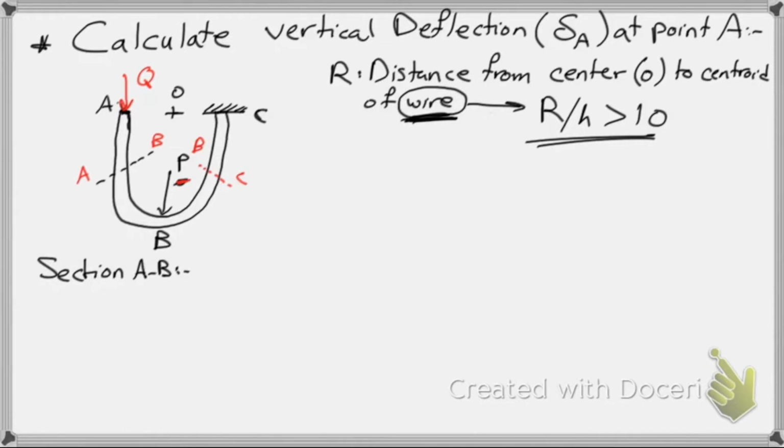And let me try to draw the free body diagram of section AB. Right, it looks something like this, and you have a dummy load Q right at point A. So this is point A, and you have a moment.